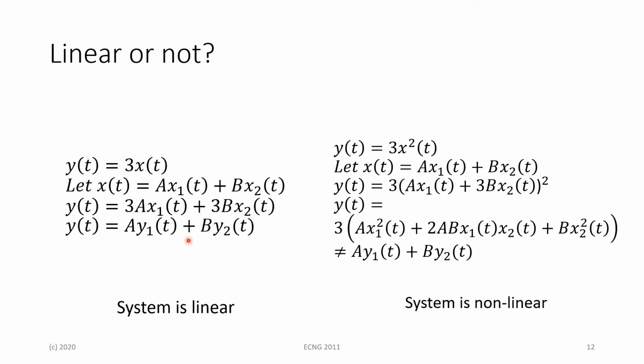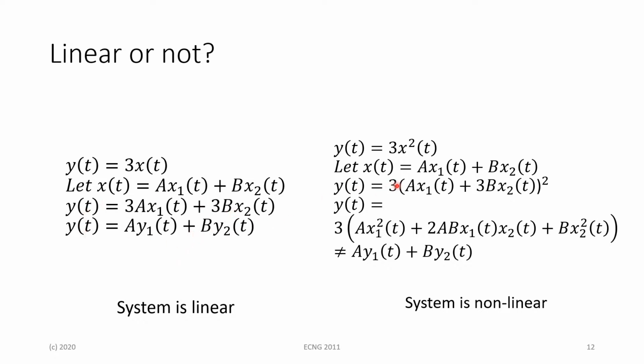And if we watch our mapping accordingly, 3a x1 of t can directly map to a y1 of t, because x1 and y1 can be directly mapped. And 3b x2 of t can be mapped directly to b y2 of t. So once you can prove that the mappings exist for each one of these components, and you obtain a similar form of equation, you can prove that your system is linear.